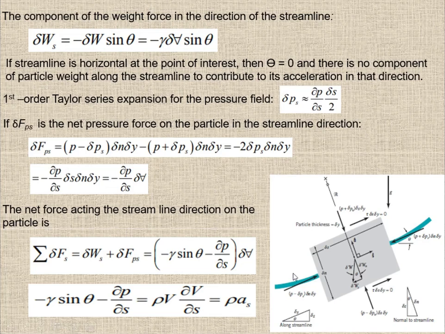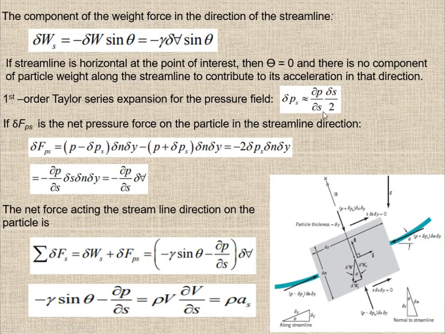Now we are talking about the pressure force. We are considering the pressure at this point to be P. When you move to this side, the pressure will increase. The change in pressure from this point P, according to the Taylor series expansion of the pressure field, would be this, but for simplification we are approximating this change as delta P_s.